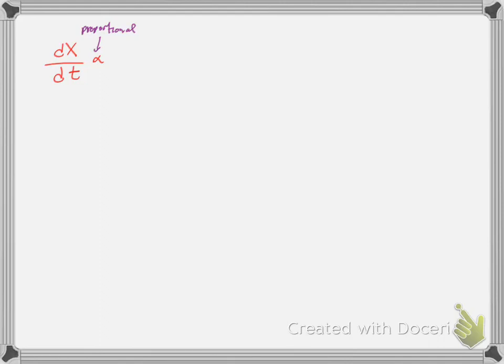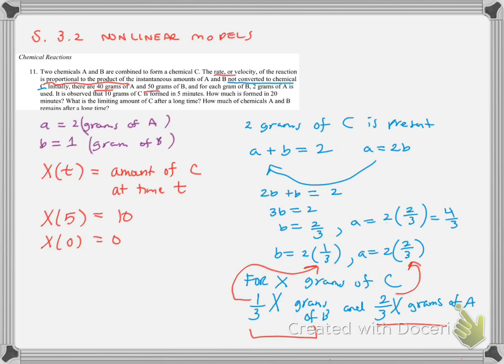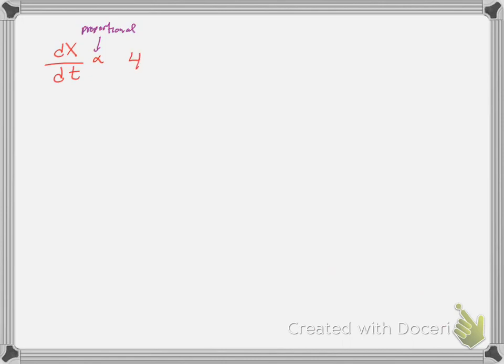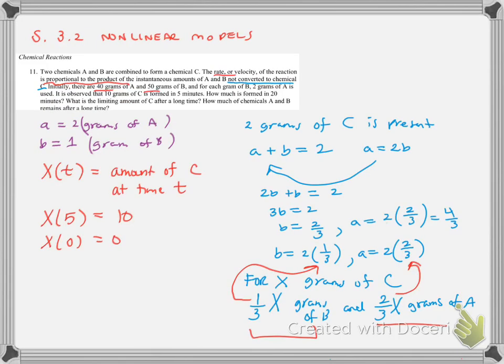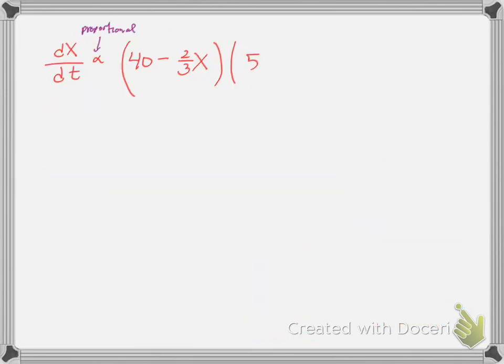And this is proportional to, well, how many? Let's go back. In terms of A, we have 40. So it's going to be 40 minus 2/3 x times, is it 50? Yes, 50 minus 1/3 x.